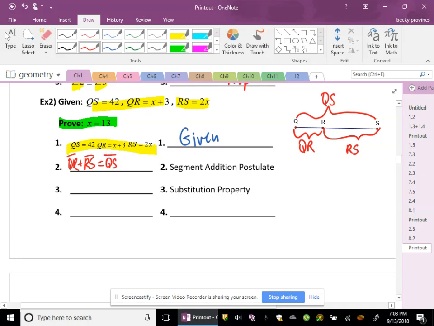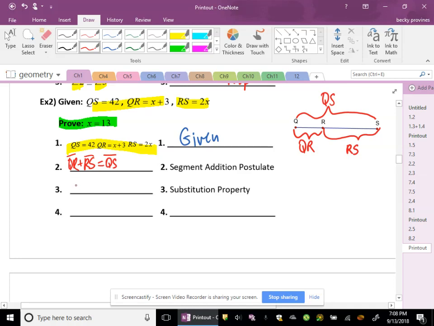Now, after I write it out with the names, as step number 3 told us here, substitution, we are going to substitute the name out and replace it with the value. So you have to look at it and say, do you have a value for QS? And you do. QS is really equal to 42.